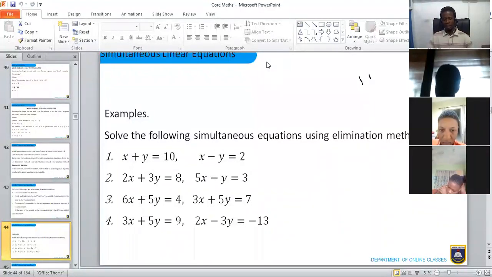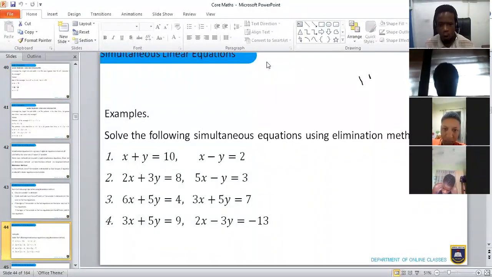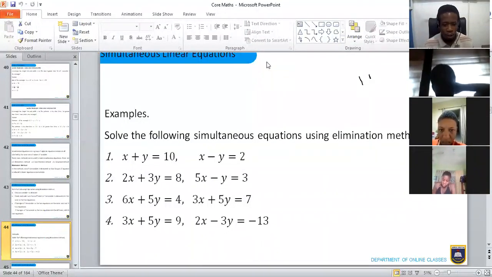So we first pick example 1. That means there are two variables here, x and y. When we add them, we get 10. When we subtract, x minus y, we get 2. So x and y represent some values. You have two equations here involving x and y, and x and y take the same values in all the equations.